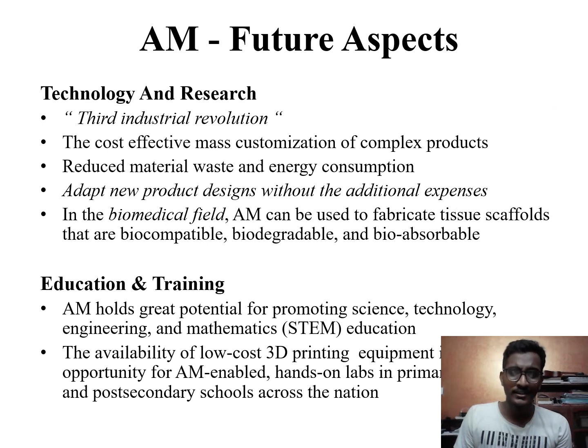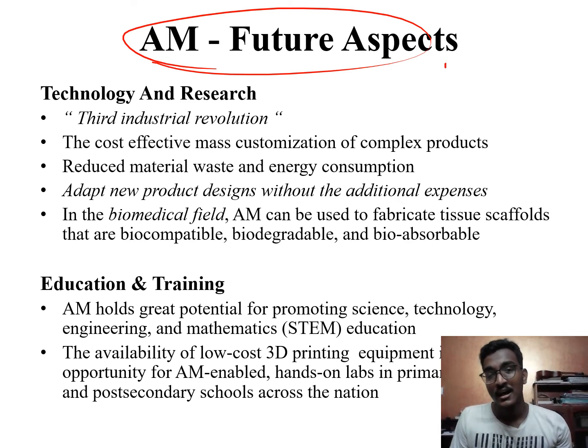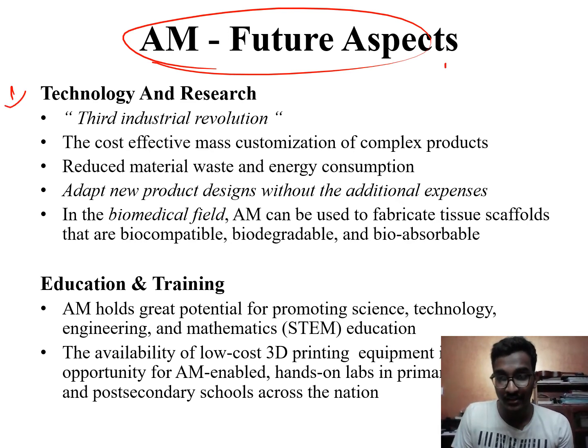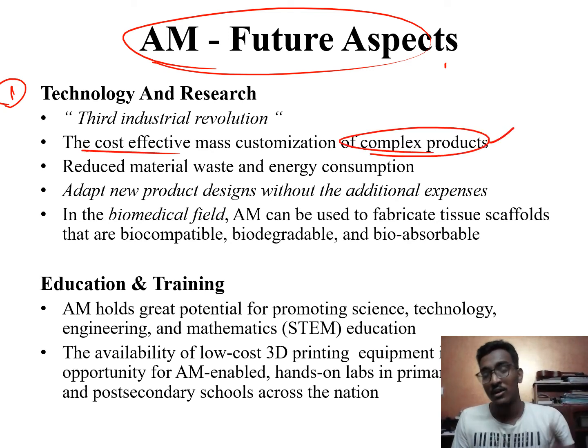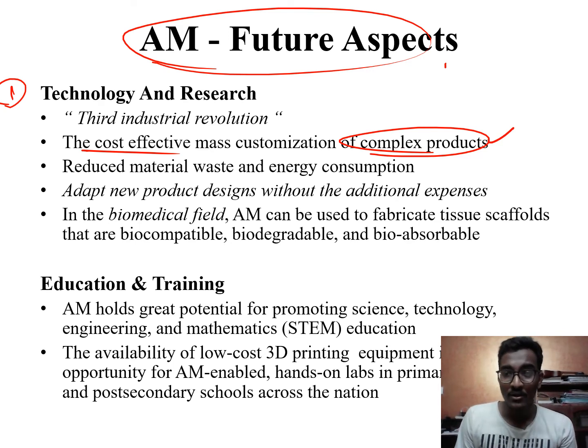There are a few other things that I want to add about the future endeavors of this additive manufacturing process. The first thing is technology and research. The first thing about technology and research is the third industrial revolution, we may say, because cost-effective mass customization of complex products is achieved with this wonderful additive manufacturing process, and it also reduces material wastage and energy consumption.